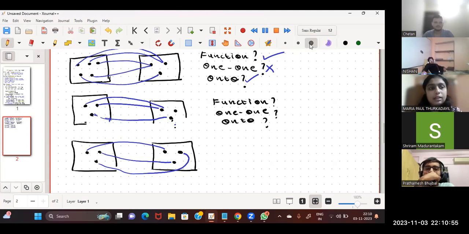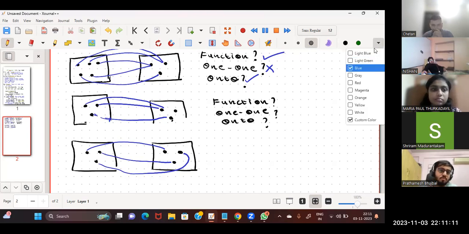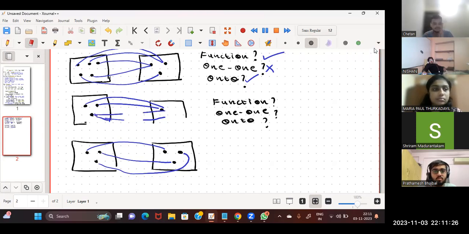Okay, can you tell me again? You want me to add an extra ball here? No, I don't want you to add an extra ball. We already have an empty ball there, which is not mapped to anything. I want you to map one input to that. Okay, bad drawing skills, no issues.